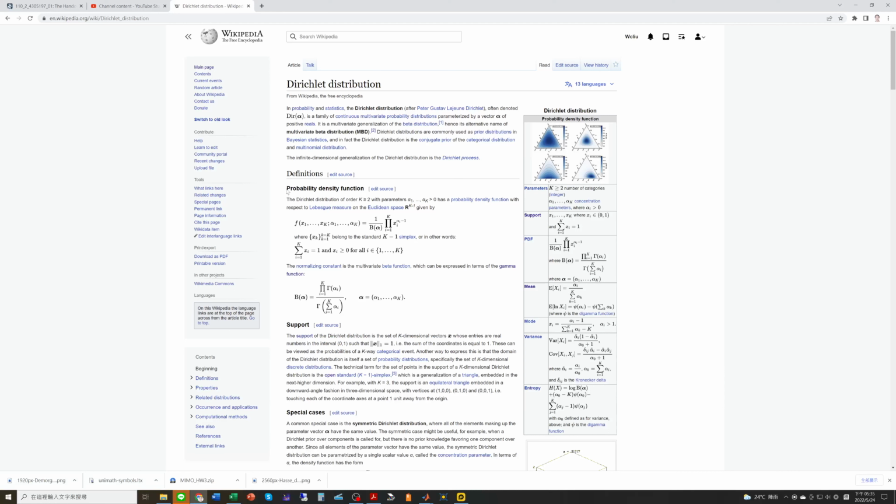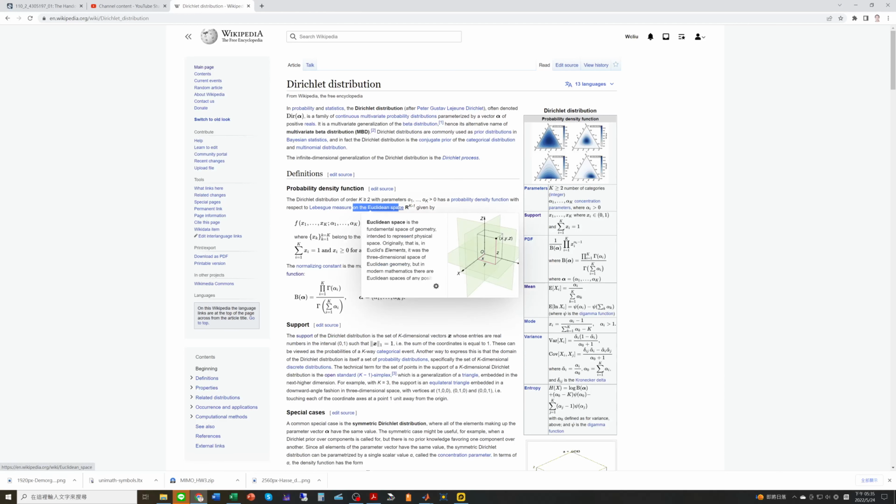Simply speaking, the Dirichlet distribution of order k, which is greater than or equal to 2, with parameters alpha 1 to alpha k, which are greater than 0, has a probability density function with respect to Lebesgue measure. What is Lebesgue measure? Due to the time limitation, I do not plan to introduce it here.